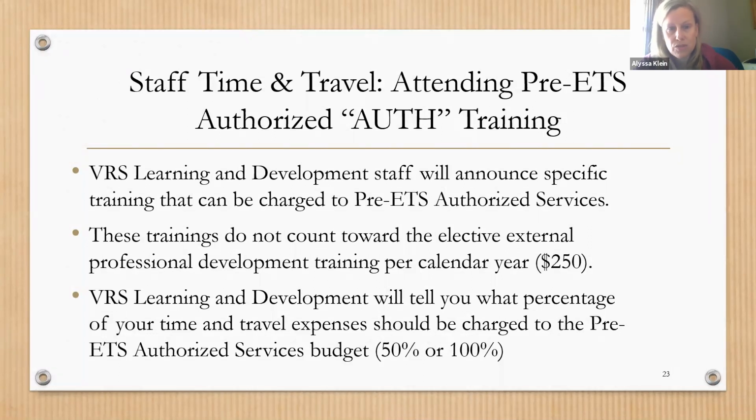They will tell you what percentage of your time and expenses can be charged to AUTH, and it will either be 50% or 100%, depending on whether that training is exclusively related to students with disabilities or partially focused on students with disabilities.